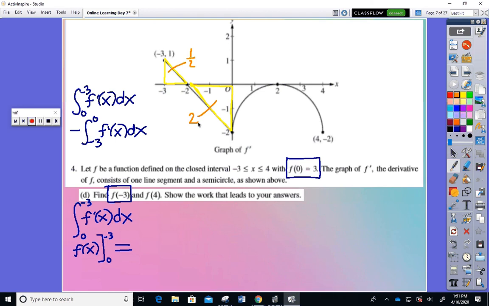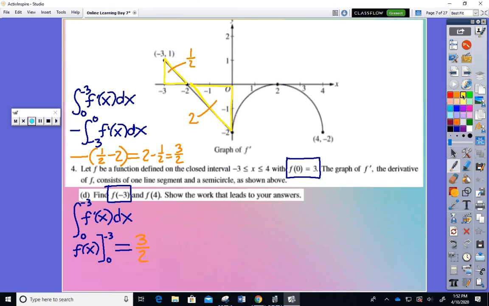So now I've got negative, and my area would be a positive 1/2 for the little triangle, minus 2 for the big triangle. But since I've got a negative in front of it, I'm going to make it 2 minus a half, or 3/2. And I'm going to insert that right here.